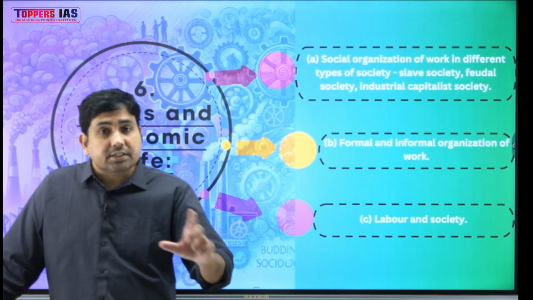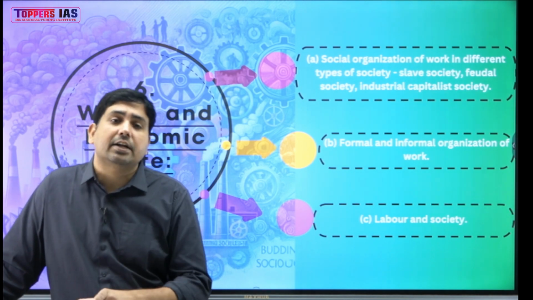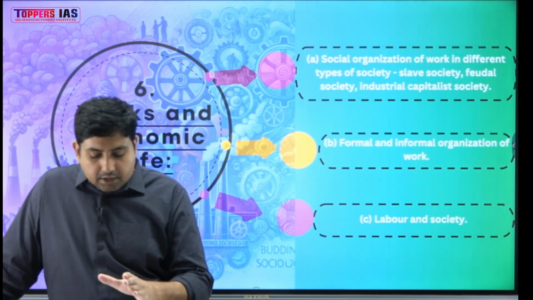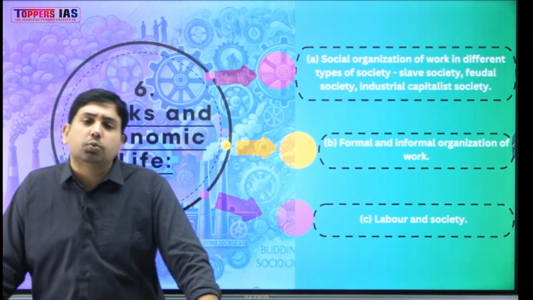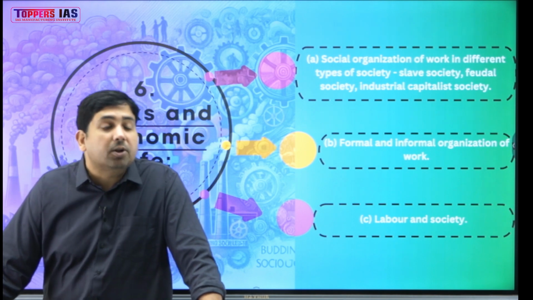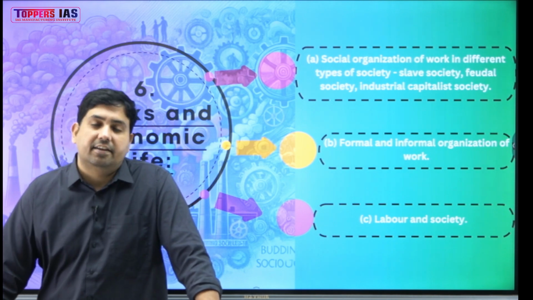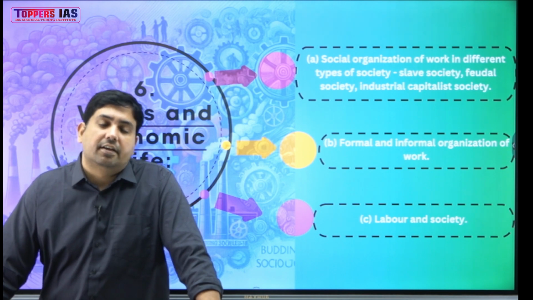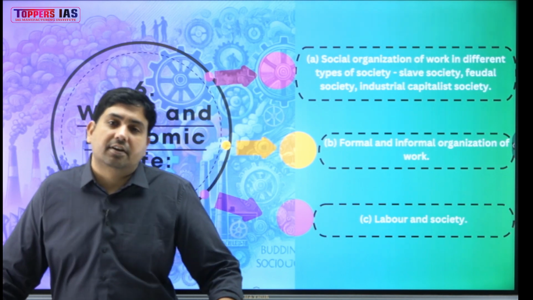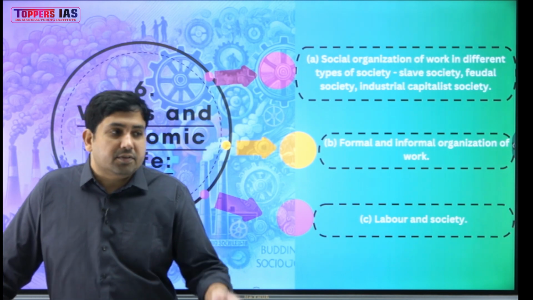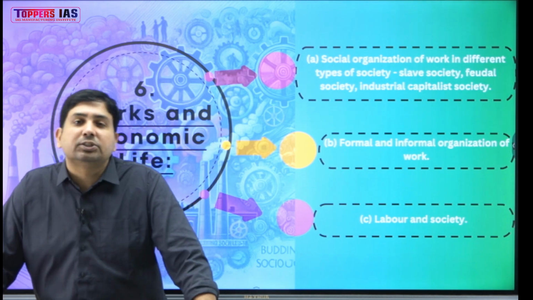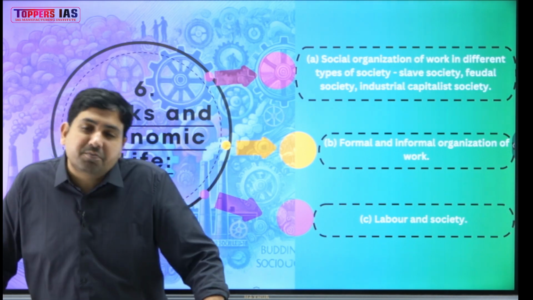And activities in the formal organization of work are what? Officially defined, regulated by codified rules, and they are also rigid in nature. Suddenly you cannot change. If you want to change, there is also a rule for that: what changes you can make and what procedure you must follow.